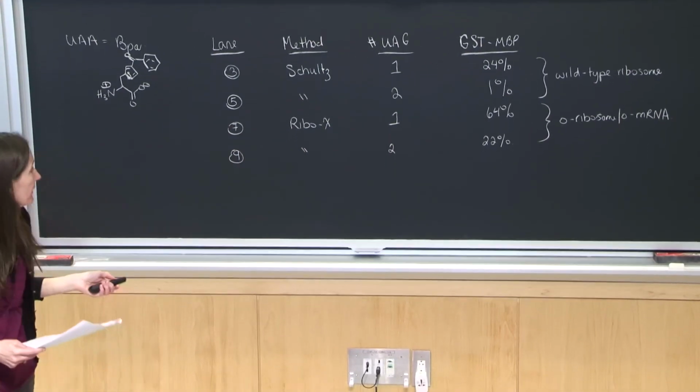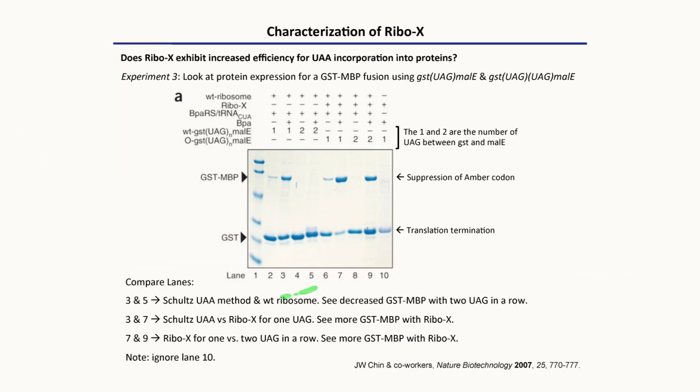So these values come up from quantification of the data here, right? So you can convince yourself by comparing the bands for GST, resulting from truncated phenotype translation termination, and the bands for the fusion protein GST MVP, okay? So showing that there was successful suppression of the amber stop codon here, right?